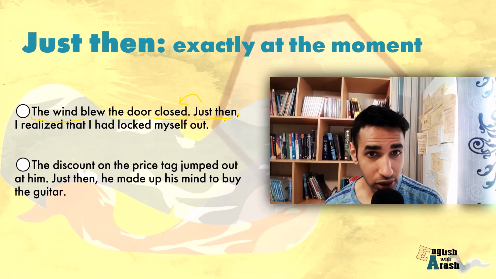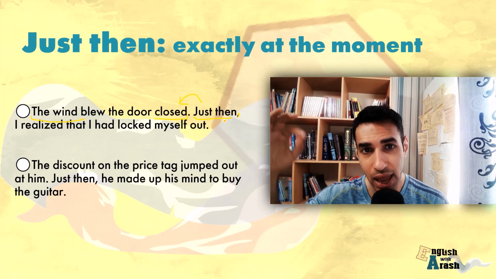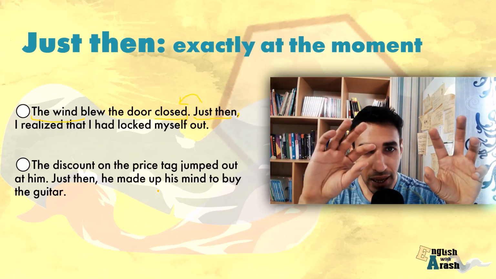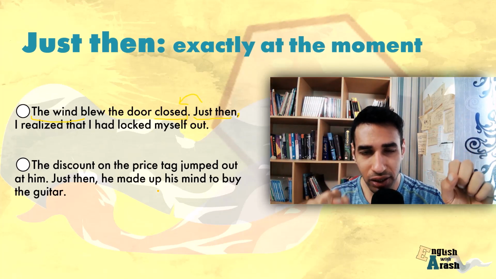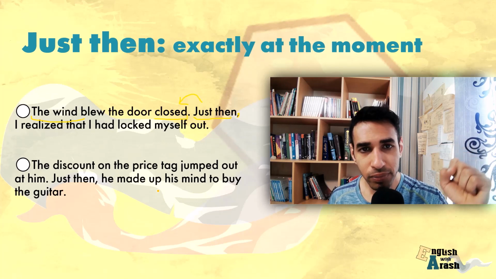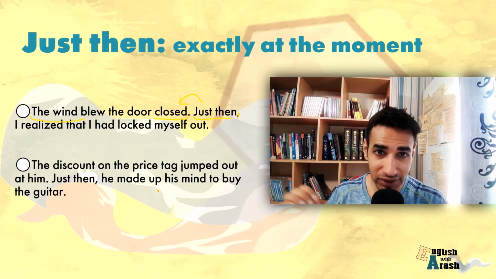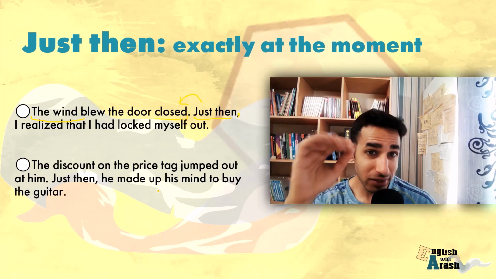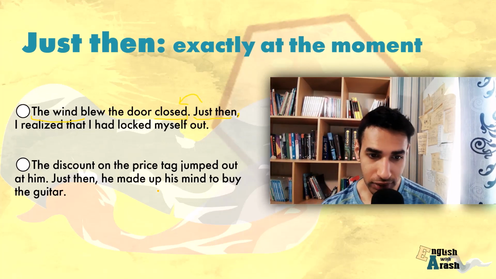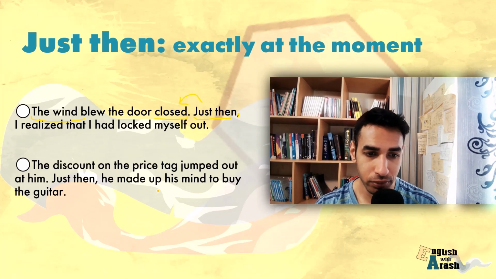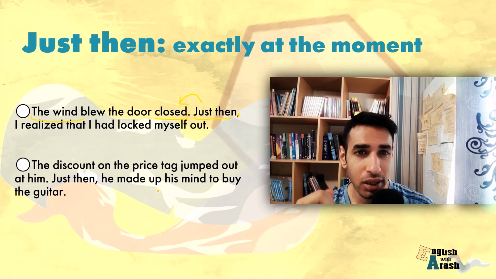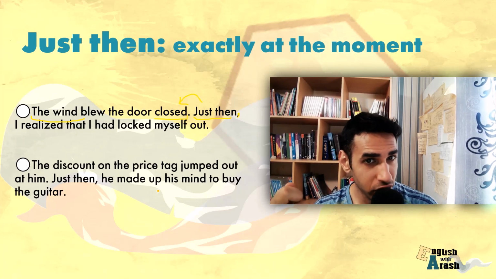So "just then" means exactly at the moment. So something happened, and just then another thing happened. "Just" has an emphasis that says something is happening at that moment. When something jumps out at you, it means it suddenly gets your attention.